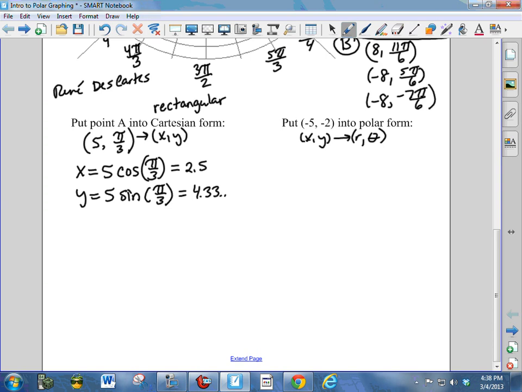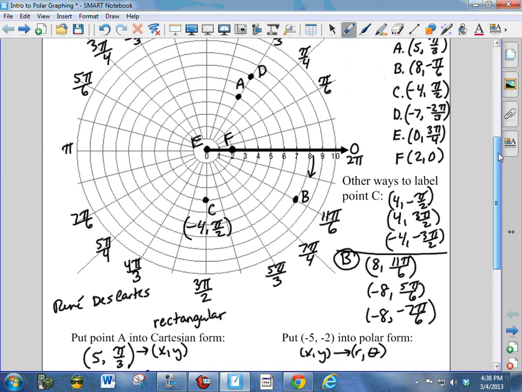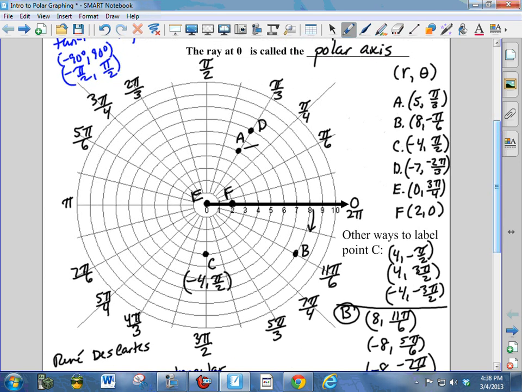Let's double check and see if that looks reasonable. This is the point 2.5, 4.33 in x and y. Is that equivalent to the point 5, pi over 3 in polar? So if we go back up here, here's the point 5, pi over 3. It's point A here. Now let's imagine that we have an xy graph superimposed on top. So here would be my y-axis.